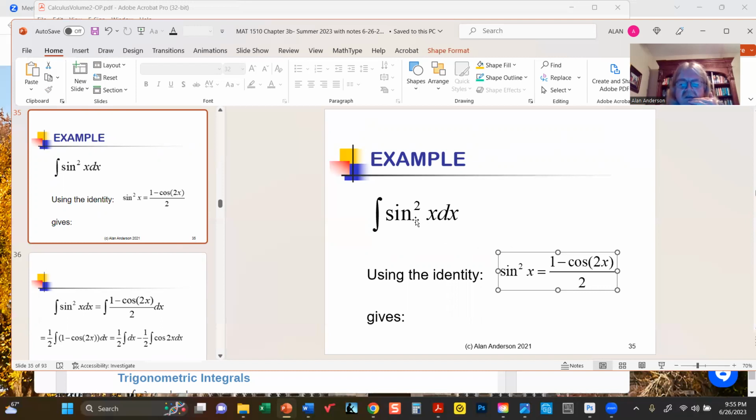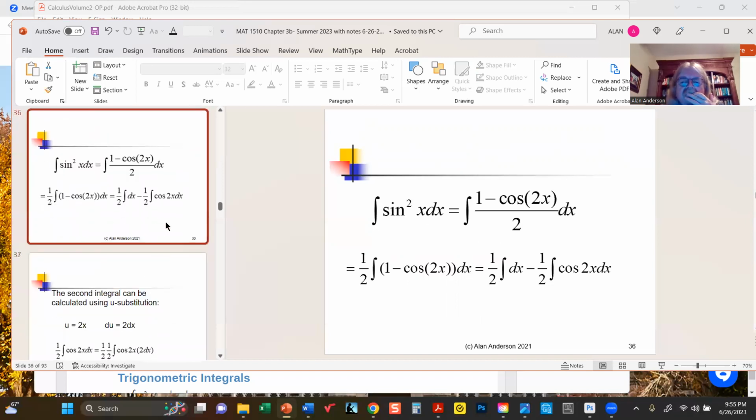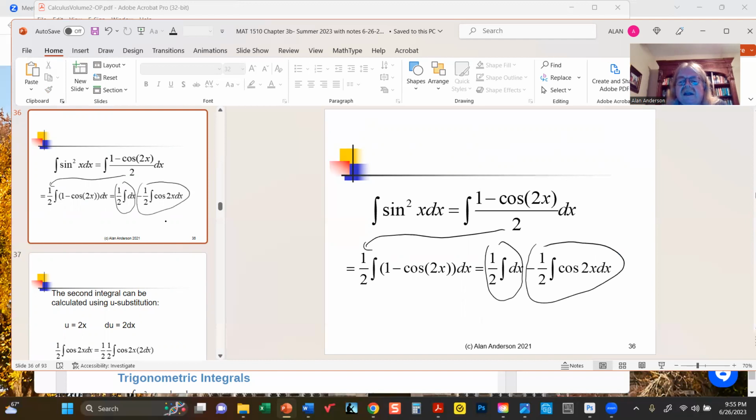We're just going to replace sine squared x with what you're seeing here. Now, then we need a little algebra. We'll move this 1/2 outside. Inside the integral, we have 1 minus cosine 2x. We'll break it up into two pieces. 1/2 of integral dx minus 1/2 integral cosine 2x dx.